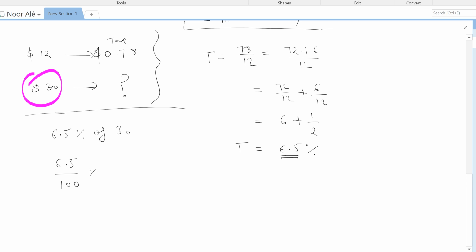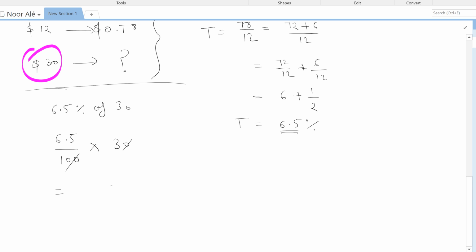6.5 out of 100 times 30, and one of the zeros cancels out. So we divide 30 and 100 by 10, and now you times 3 with that number, and you have a decimal over 10. So you multiply them usually like 5 times 3, 5, and 1 carry over, 6 times 3 plus 1. I did it in my mind, but you can do long multiplication like that.